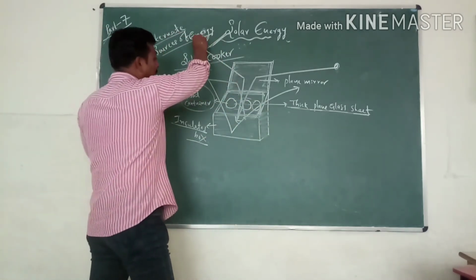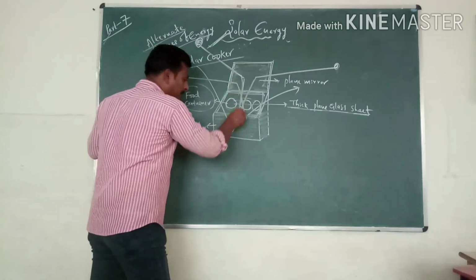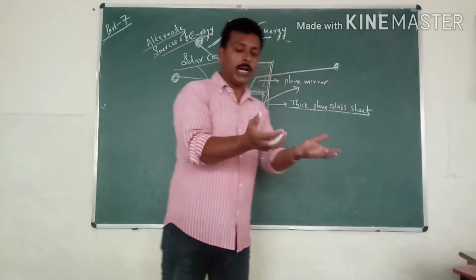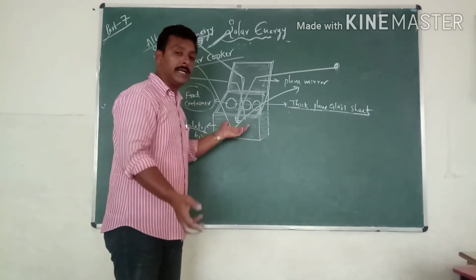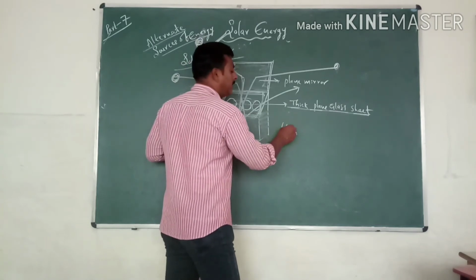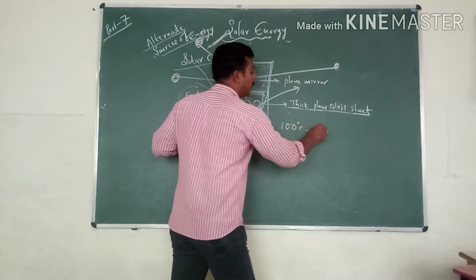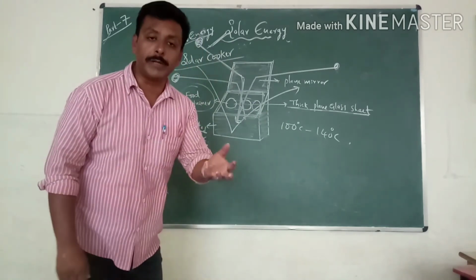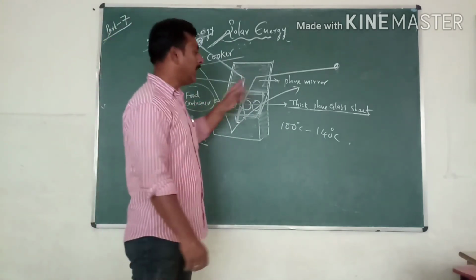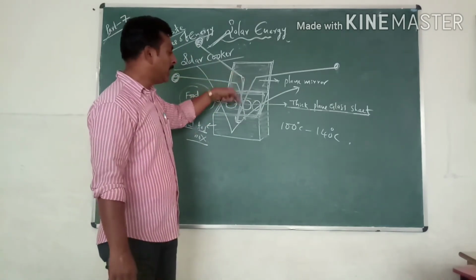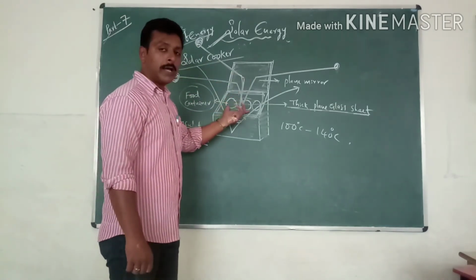When sunlight is reflecting and falls inside the solar cooker, then immediately the temperature of the box increases. When it increases, the temperature increases up to 100 degrees Celsius to 140 degrees Celsius तक का temperature increase होता है with the help of this plain glass. इसका काम क्या है? Radiation को अंदर भेजना. ग्लास का काम क्या है?